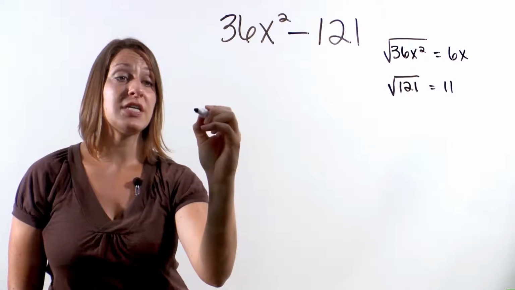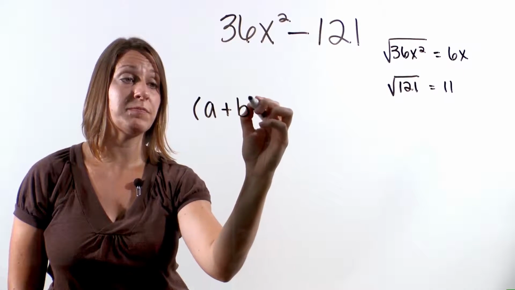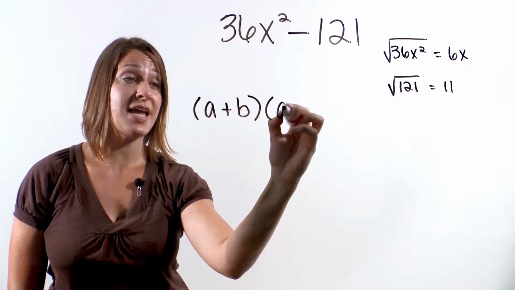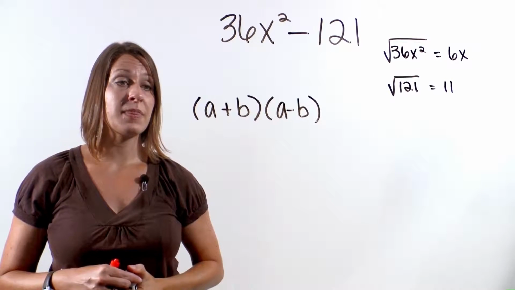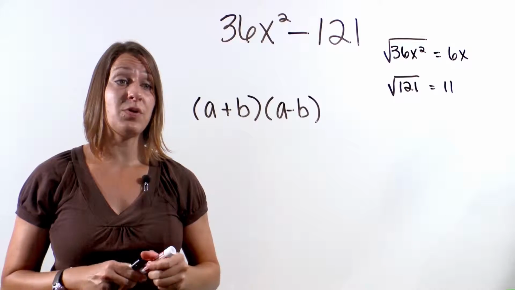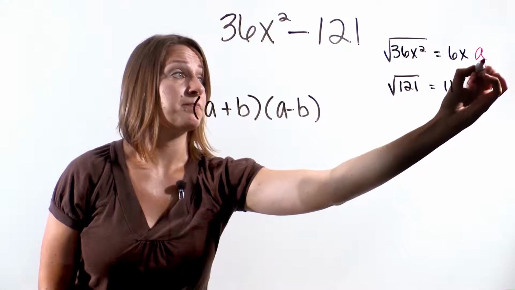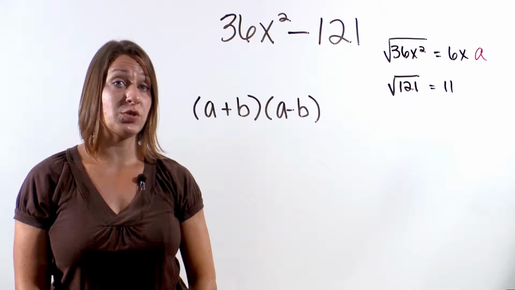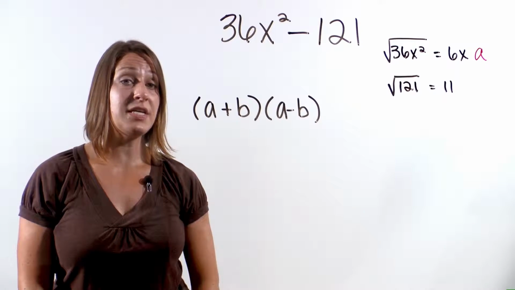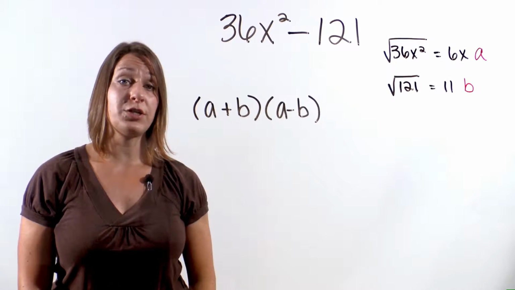Now our answer is going to fall into the format a plus b times a minus b. And remember from our last example, the a is going to represent the square root of our first term. B is going to be the square root of our second term.